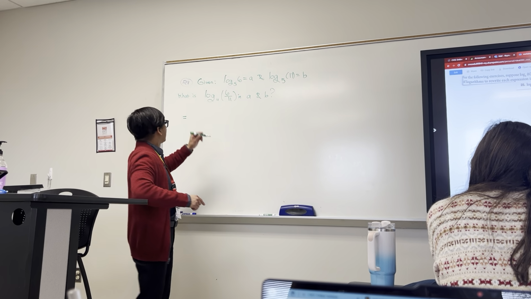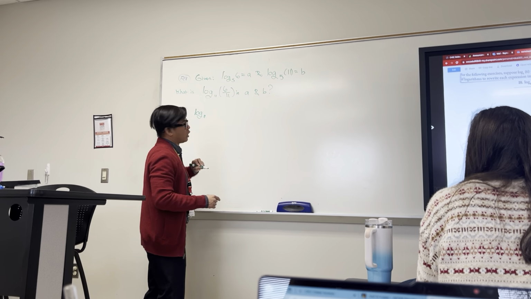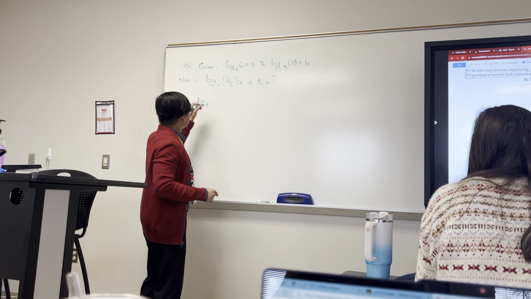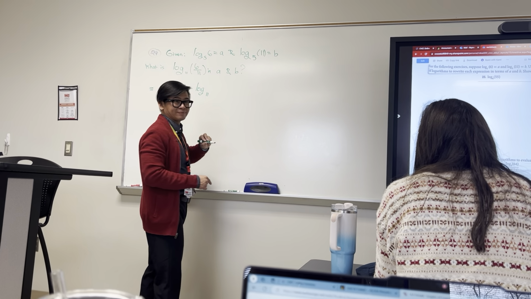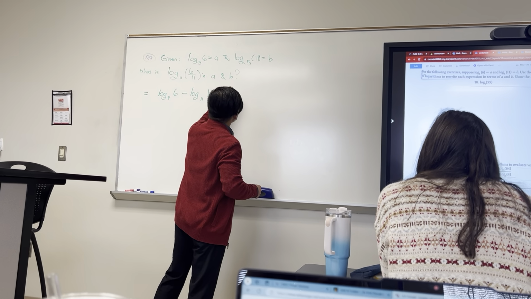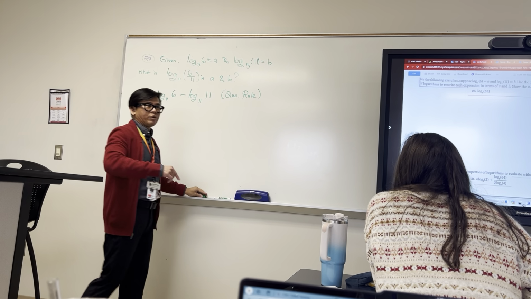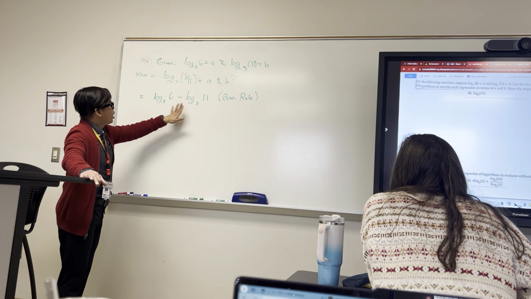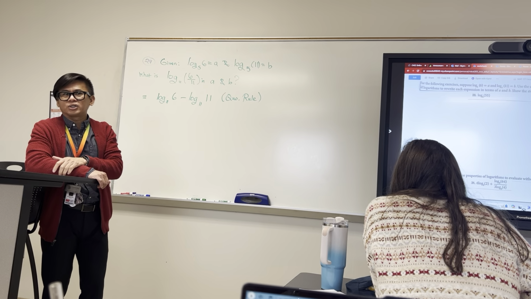Quotient rule, right? So with that being quotient rule, what can you write in here? Log base 11 of what? Of 6, very good. Minus log base 11 of what? 11, very good. So again, that is by quotient rule for logarithm. Now with that being said, among these two, is there something that automatically we already know what the answer is?